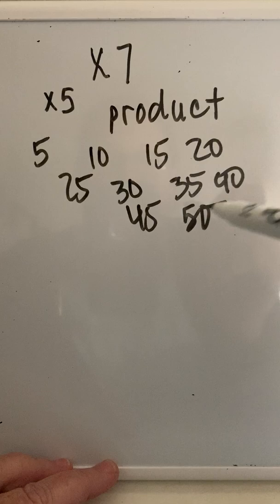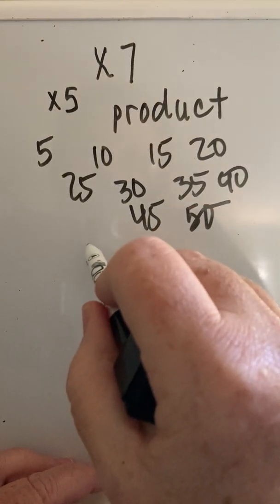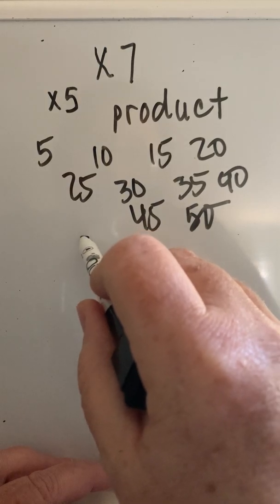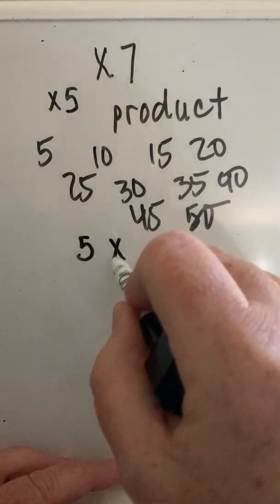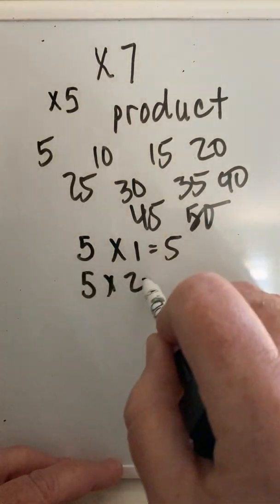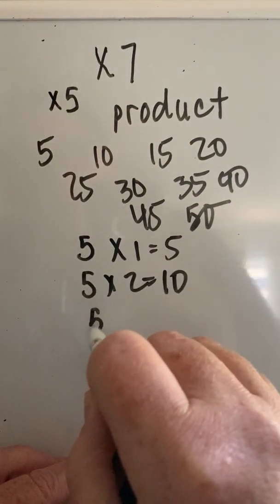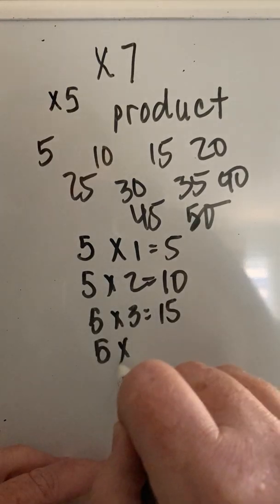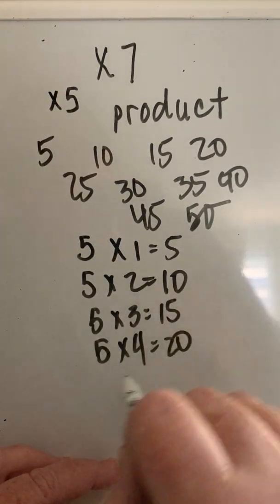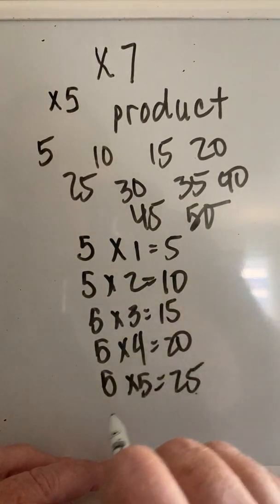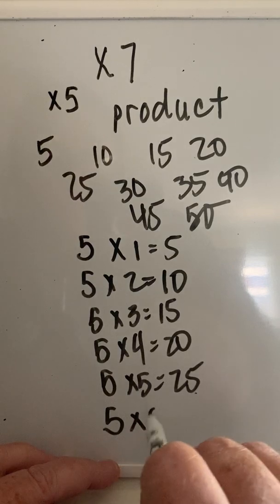So let me write some down here like I did in the other video. I'm going to put the 5s first. 5 times 1 is 5. 5 times 2 is 10. 5 times 3 is 15. 5 times 4 is 20. 5 times 5 is 25. 5 times 6 is 30.